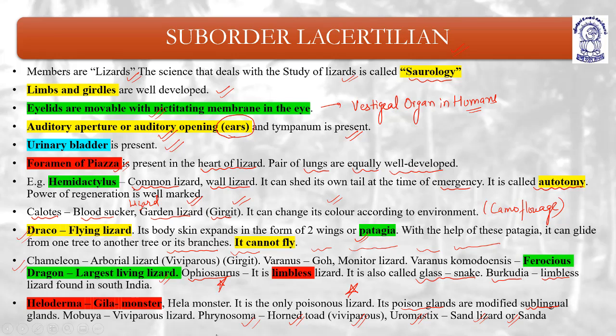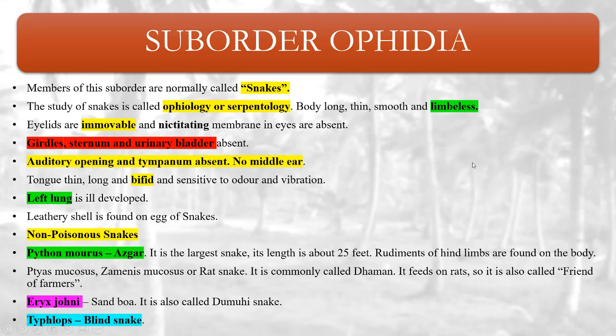Now coming to the next slide, suborder Ophidia. After suborder Lacertilia, we come to suborder Ophidia. Suborder Ophidia includes snakes. The study of snakes is known as what? Ophiology or serpentology.